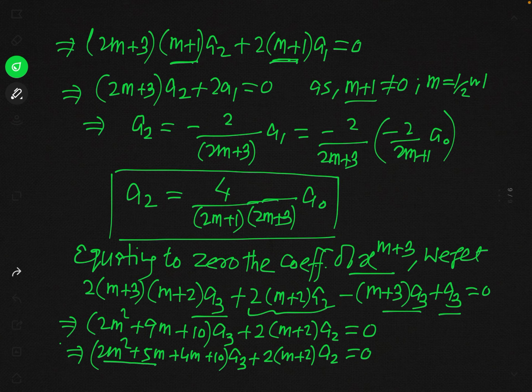So now see here, in the first two terms we will take m as a common factor, and in the second term we will take 2 as a common factor.